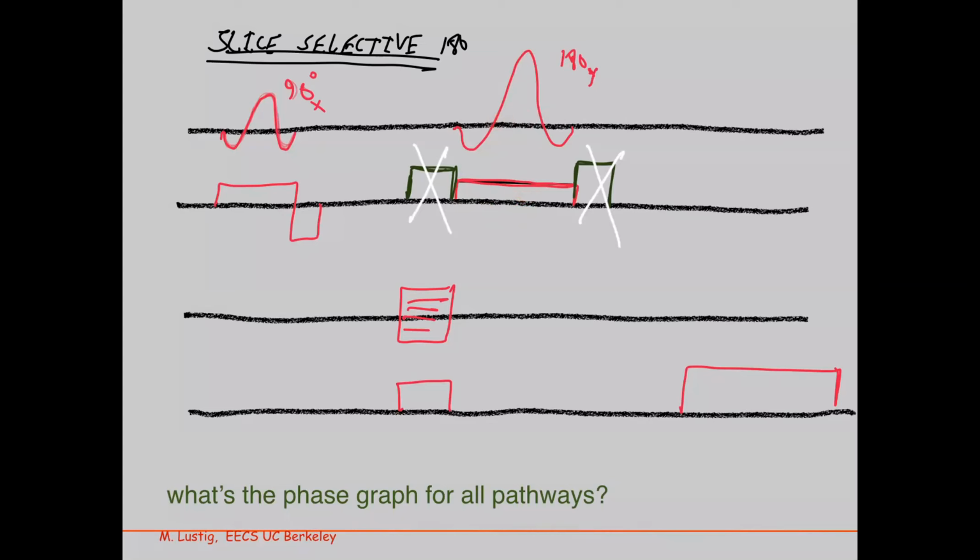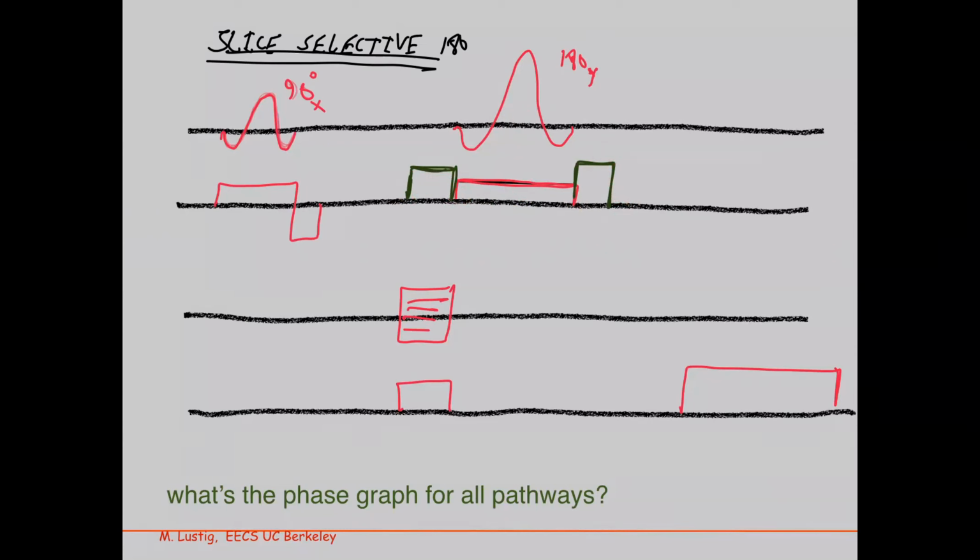And when you did that in the lab, you saw some artifact, even though it was slice selective, if you don't remember. So in order to mitigate this, we add these two blobs. This is called a horned gradient for some reason, because it has horns on both sides.